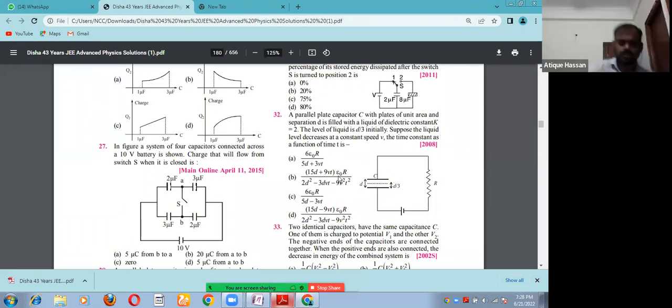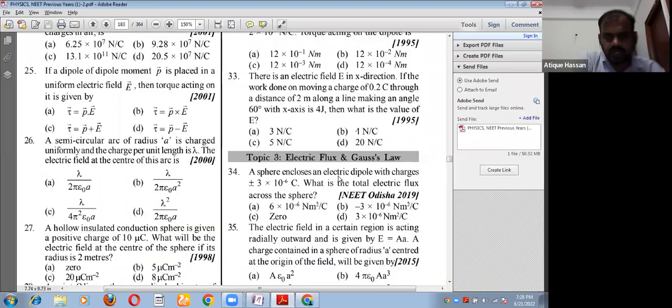The question says there is an electric field E in the x direction. The work done on moving a charge of 0.2 coulomb through a distance of 2 meter along a line making an angle of 60 degree with the x-axis is 4 joule. Then what is the value of E?